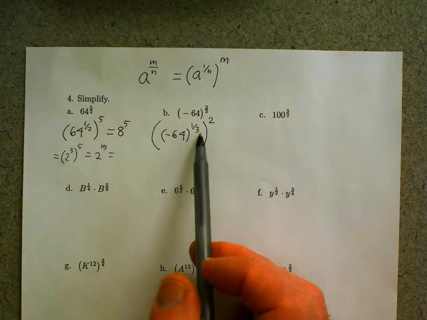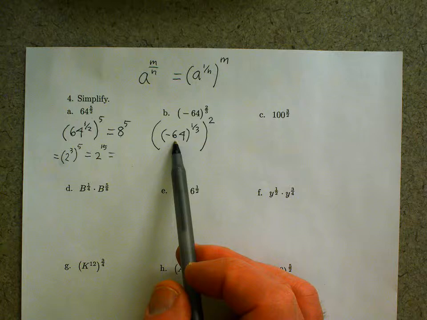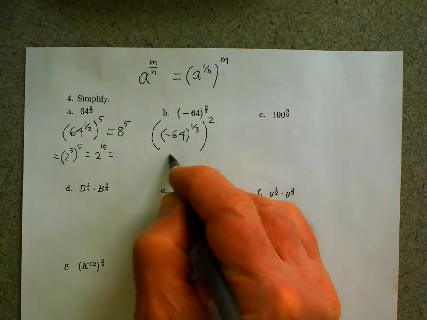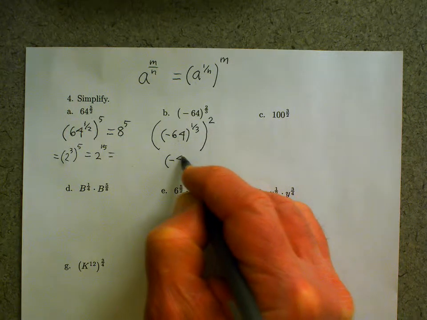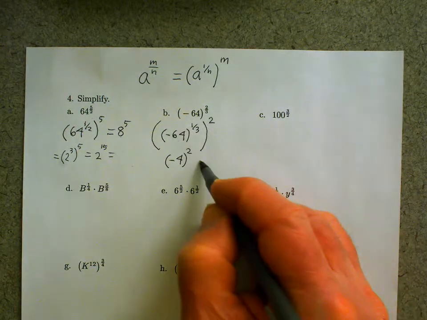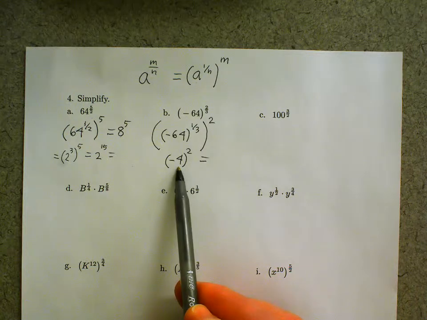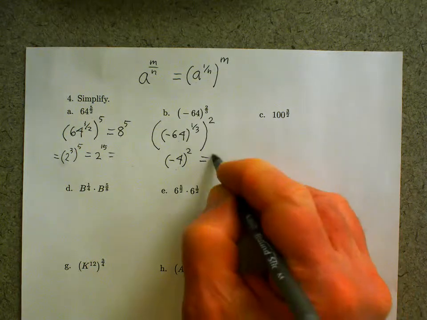In general, the cubed root of a negative number is a negative number. So we replace the cubed root of negative 64 with -4 in parentheses to the second. And then the number -4 in parentheses to the second is positive 16.